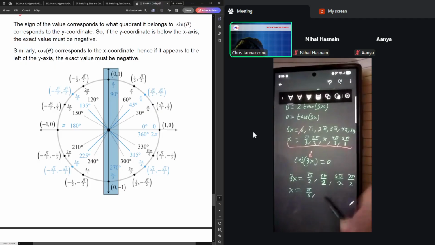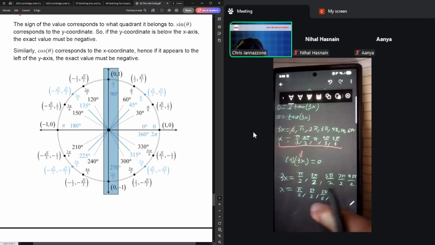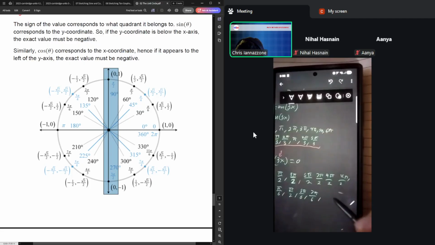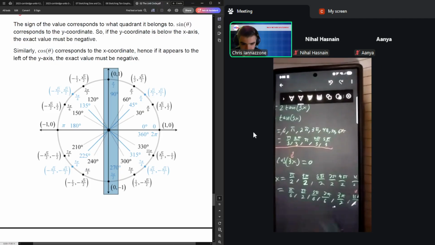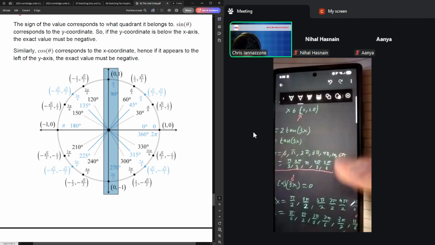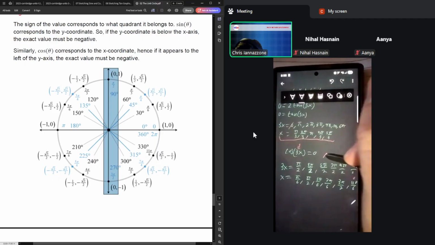Pi over 6, 3 pi over 6, which is pi over 2, 5 pi over 6, 7 pi over 6, 9 pi over 6 is 3 pi over 2, and 11 pi over 6. Just double check. Yeah, that's right before 2 pi. So we can see once again all of the solutions that we have here fit nicely between 0 and 2 pi. These are our asymptotes.